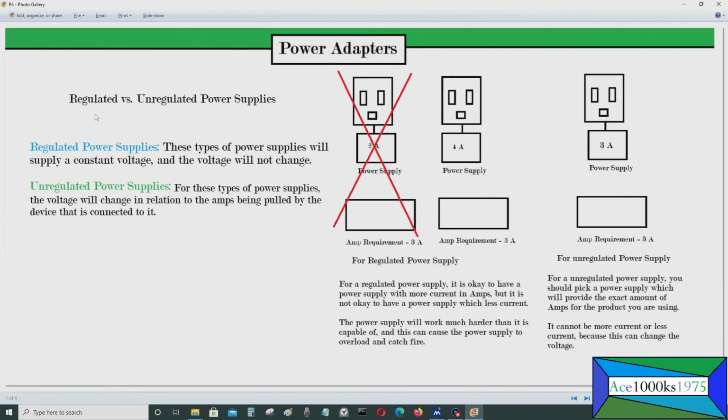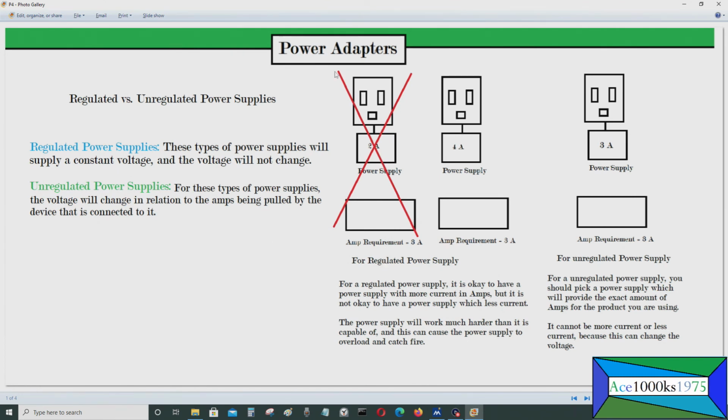Okay, I'll be talking about regulated and unregulated power supplies. So what's the difference between the two? Basically, a regulated power supply is a type of power supply that will supply a constant voltage to your product, and the voltage will not change. So if it's 12 volts, it's 12 volts. If it's 9 volts, it's 9 volts.